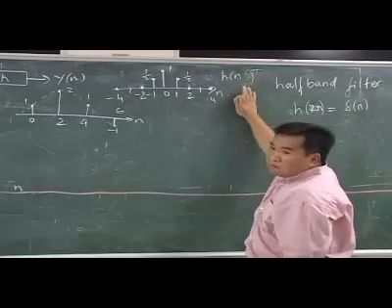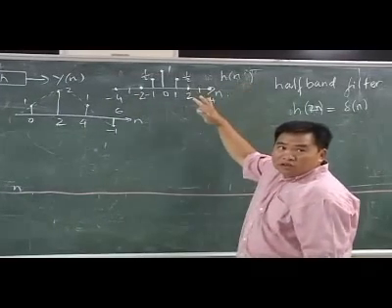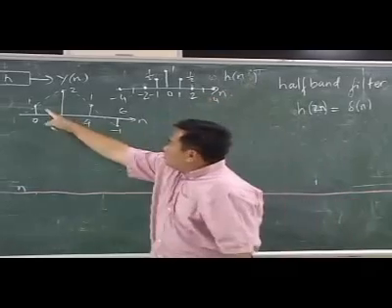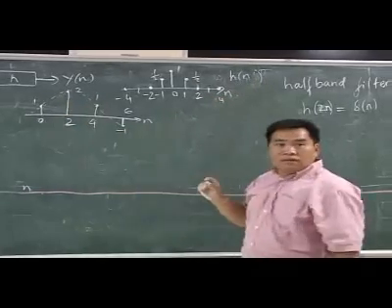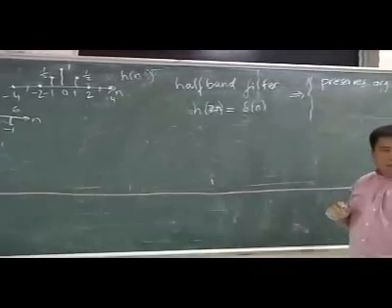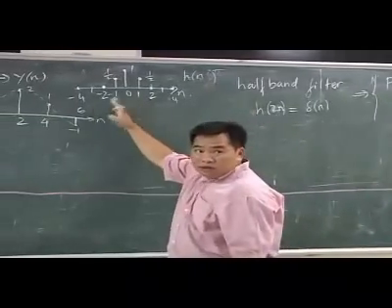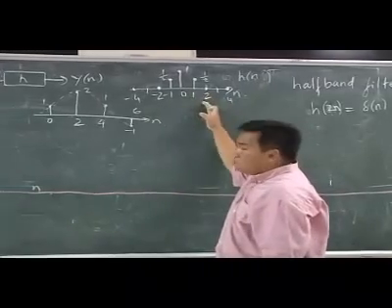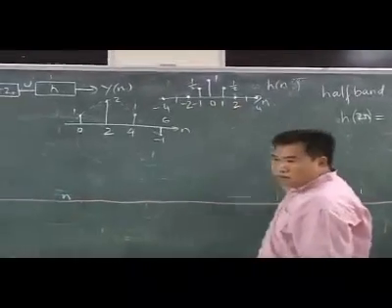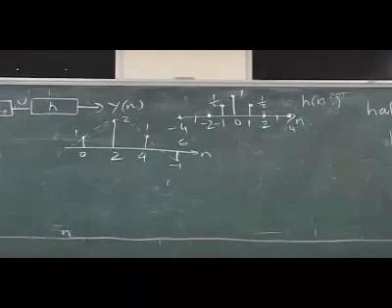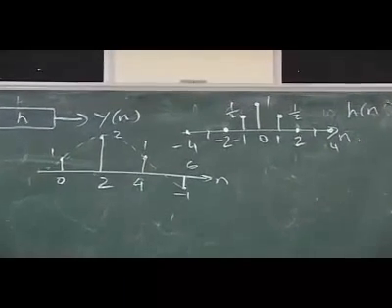Use another filter that is not a half-band filter, and you see that this value here will not be preserved. It will change the value. It has to be 1 at time 0, and 0 at 2, minus 2, 4, minus 4, and so on. And then we will interpolate.